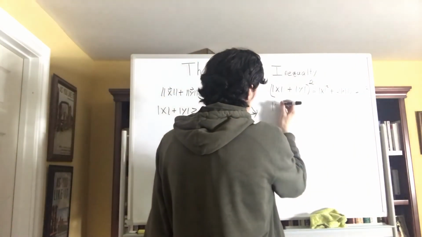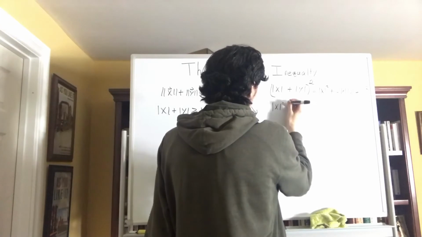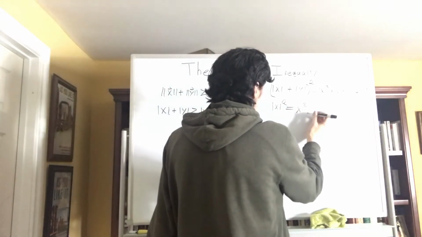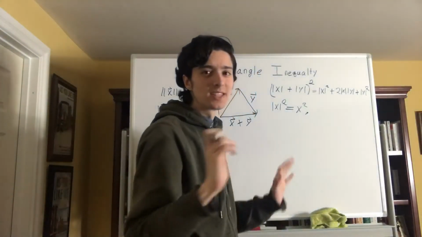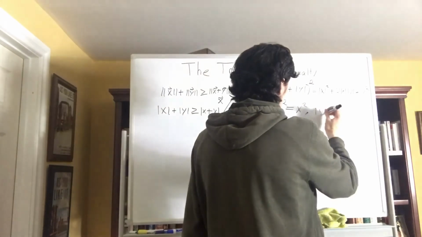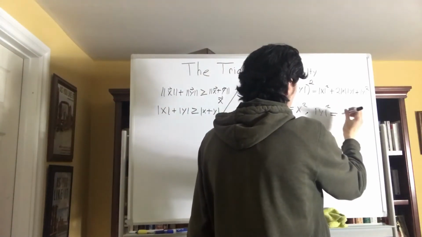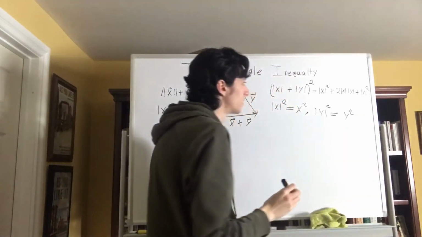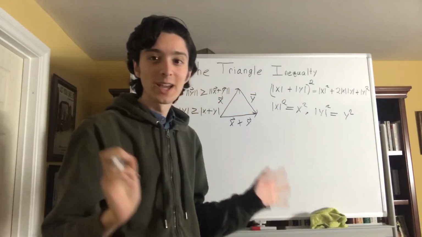So we can conclusively write that the absolute value of x squared is equal to x squared. And similarly, we can extend this to say that the absolute value of y squared is also the same thing as y squared. Okay, great.